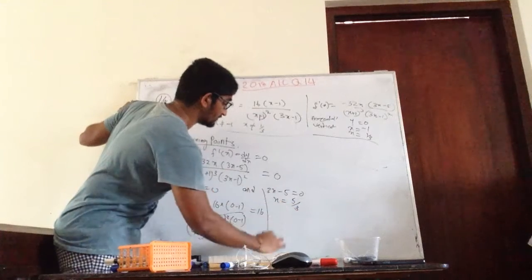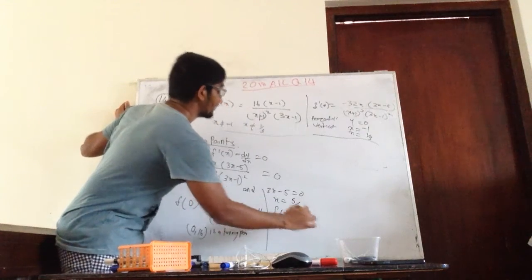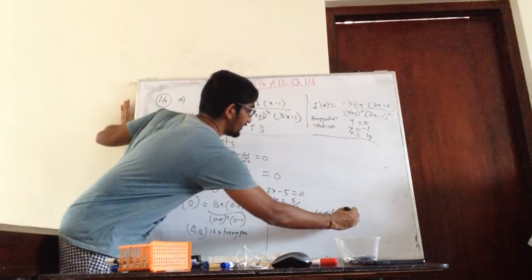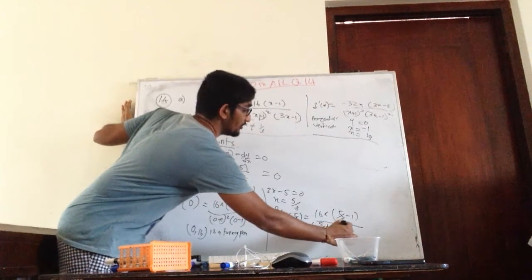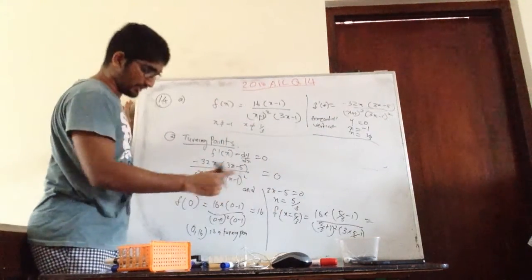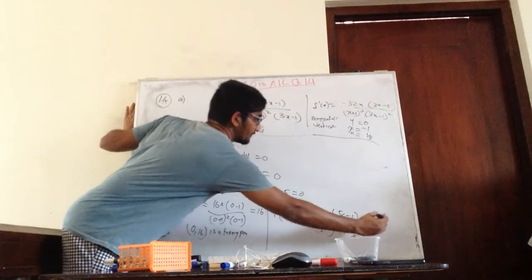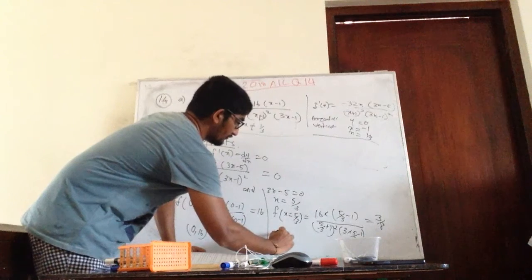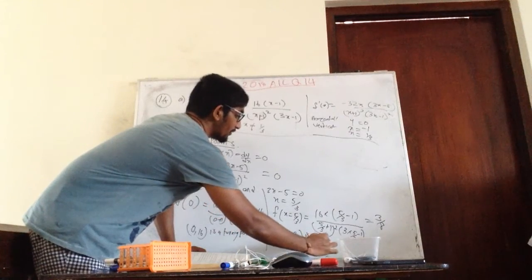So that is one thing. Then we need to substitute x equals 5 over 3. If you put that here, we will get 16 into 5 over 3 minus 1, over 5 over 3 plus 1 square into 3 times 5 over 3 minus 1. If you simplify it, you will get the answer as 3/8. So 5/3, 3/8 is a turning point.